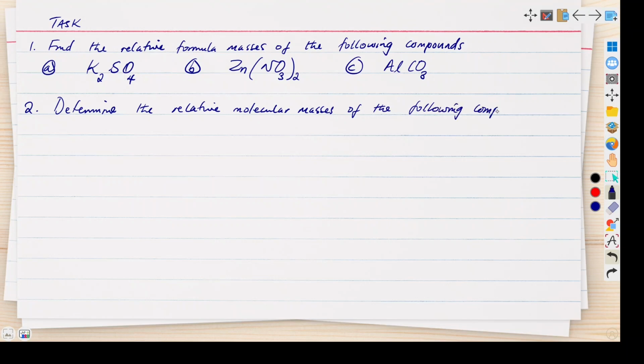A, you have CH4, B, you have C2H6, then C, you have CO2. So these are the questions I've given you for you to answer.